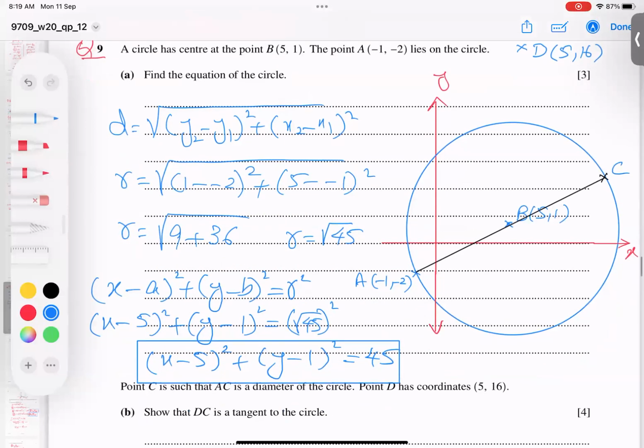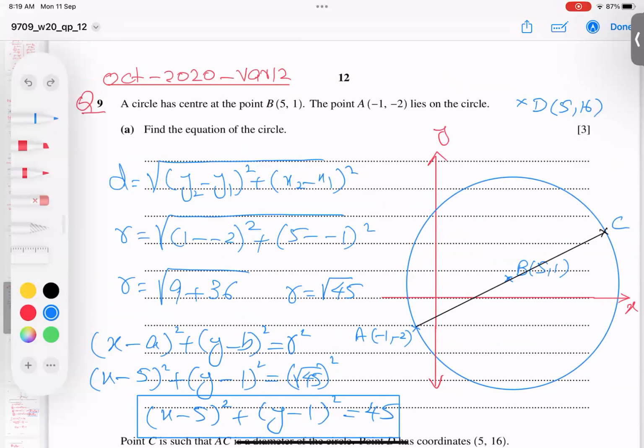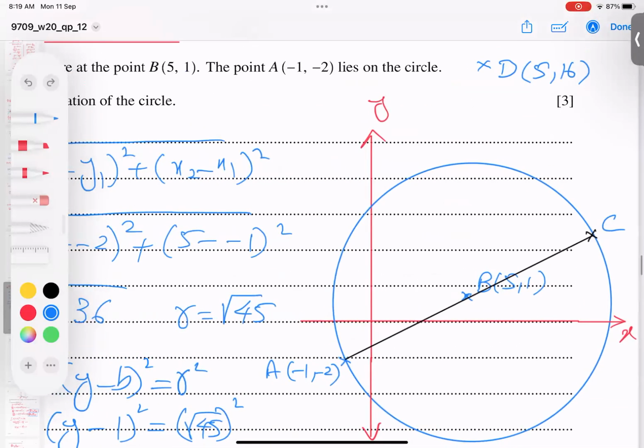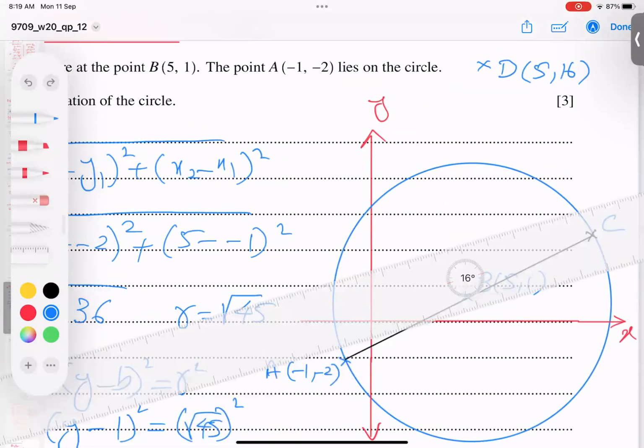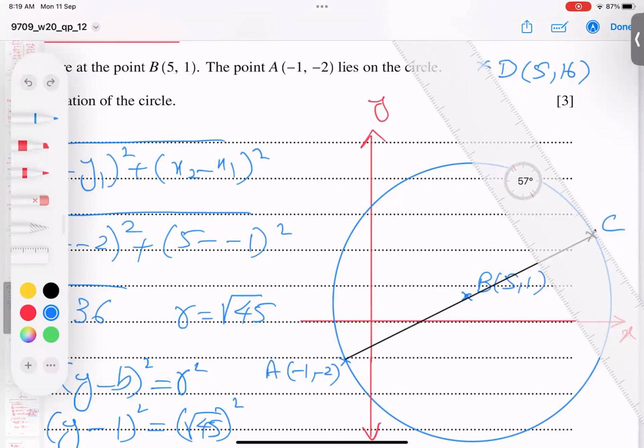And what he's saying is, show that DC is a tangent to the circle. So if I take a scale and join DC, DC will behave as a tangent to the circle. I make it black color, or red color even, no problem at all.